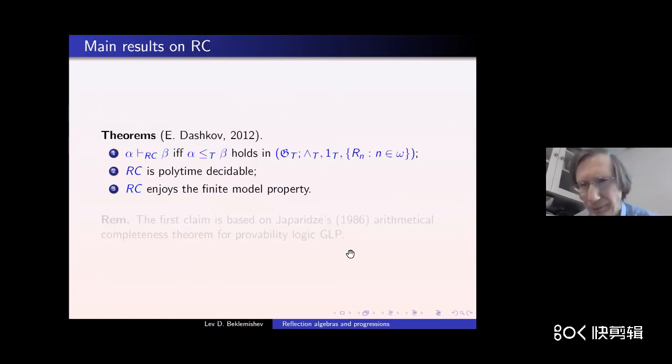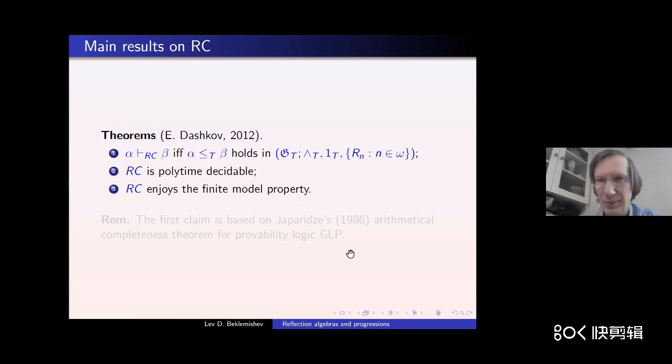These are the main properties of this reflection calculus, first studied by Evgeny Dashkov in 2012. The first result is that alpha turnstile beta is provable in RC, in our system, if and only if in our algebra the inequality alpha less than or equal to beta holds.